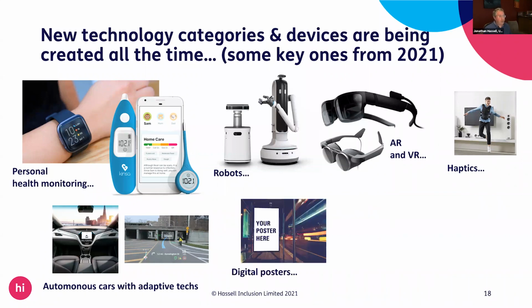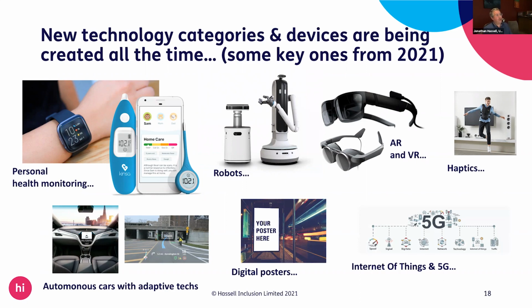Even things like digital posters. Everything is kind of changing out there. And the thing that is bringing all of this together is the 5G and the Internet of Things. So we want to make sure that we're keeping up with the actual reality of technology rather than just, oh, well, here's what we did 20 years ago when the top tech was a website.